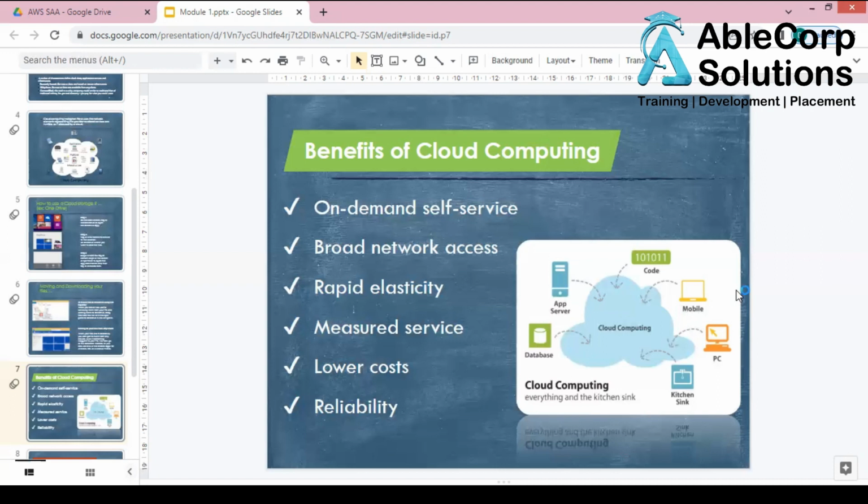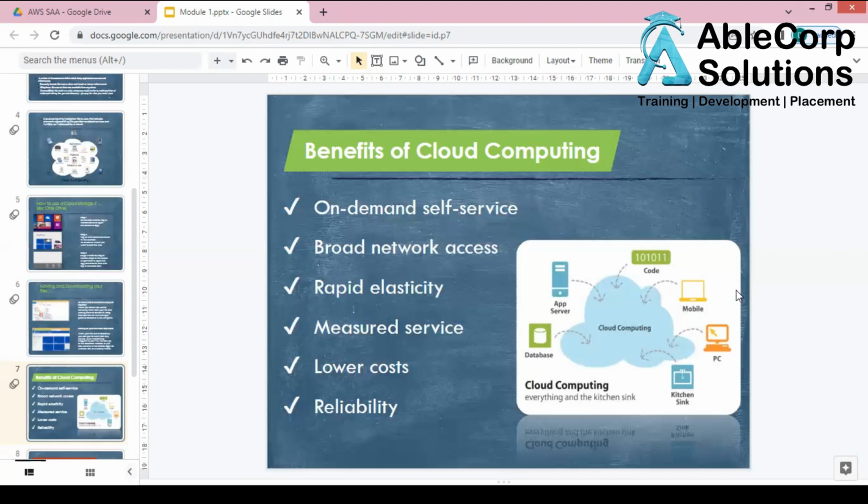Or if they want the data from Australia to be stored in the US, they can do it, because we have data centers and regions. Regions are declared in data centers, and data centers are again classified into sub data centers in cloud-based computing. We would be discussing this network once I show you the AWS console.